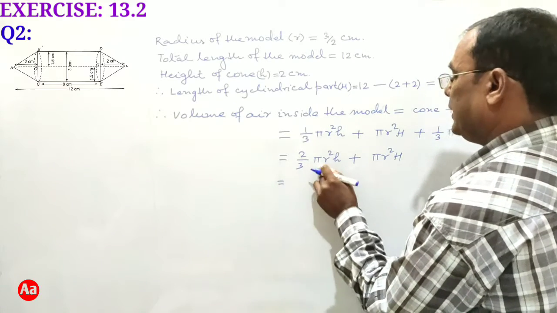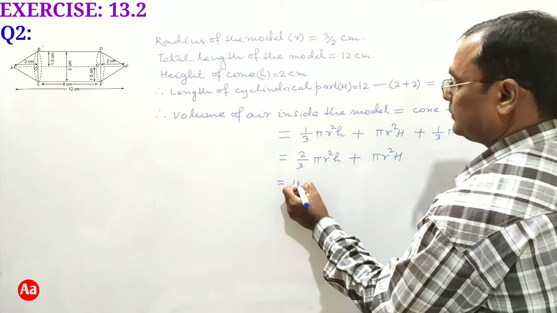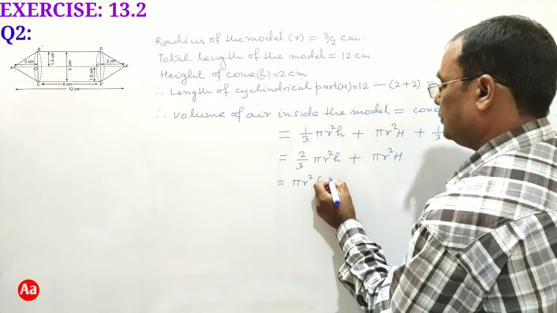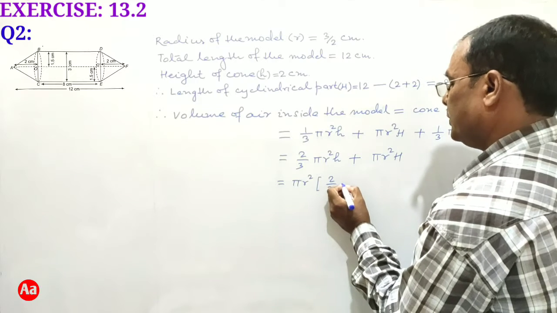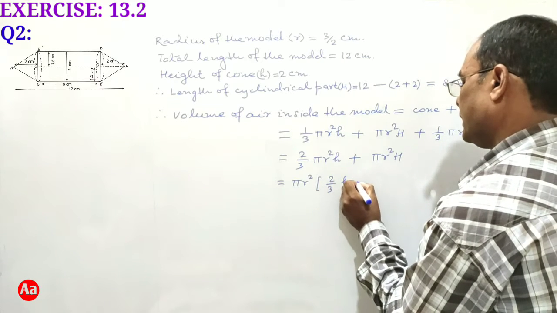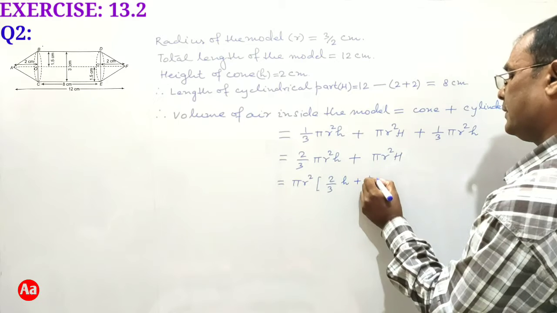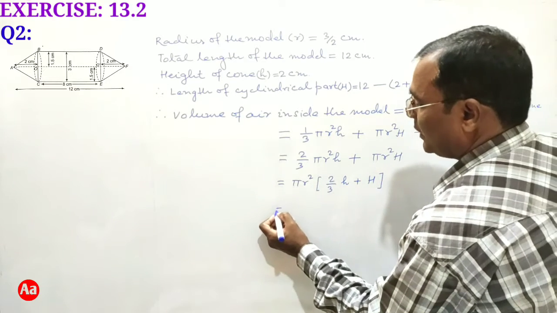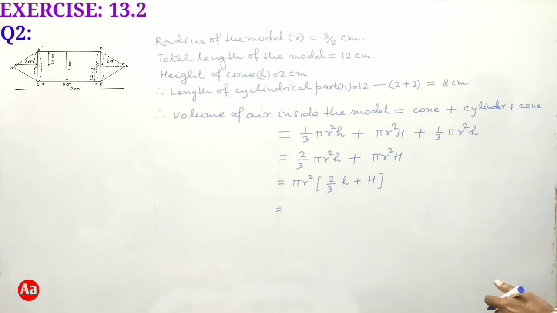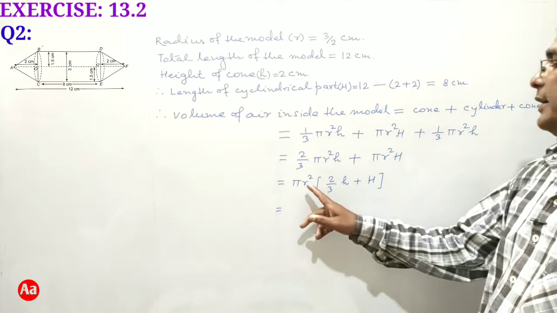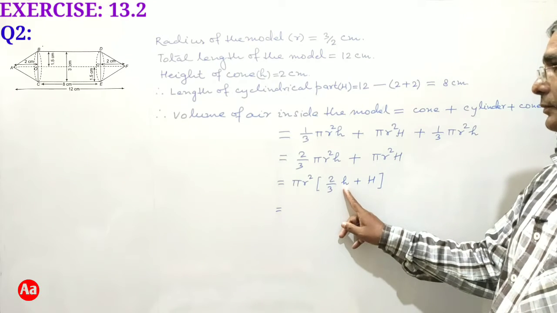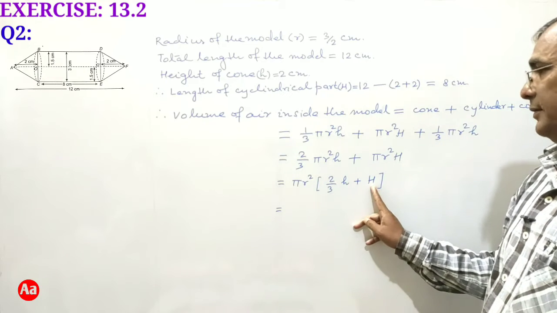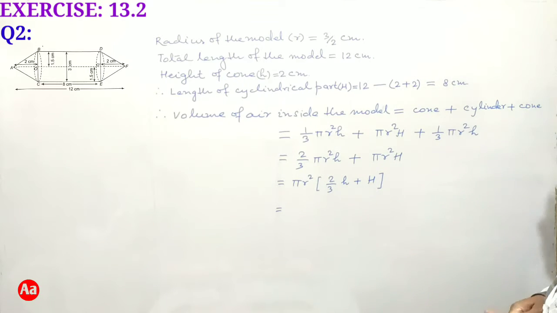Let us take pi r square common. So we can write pi r square into 2 by 3 h plus capital H. Now we are going to put values of pi, radius r, height of conical ends and height of cylindrical part of the model.